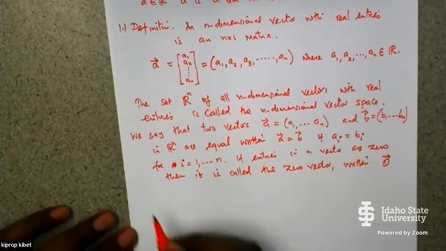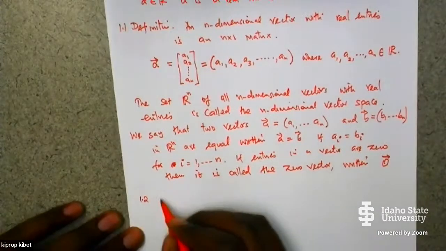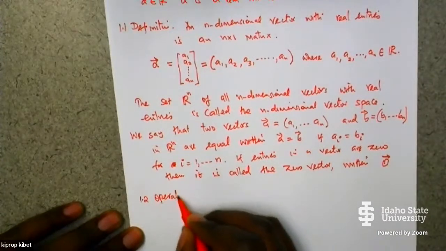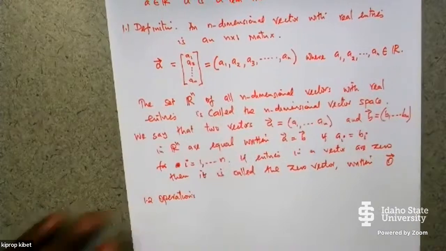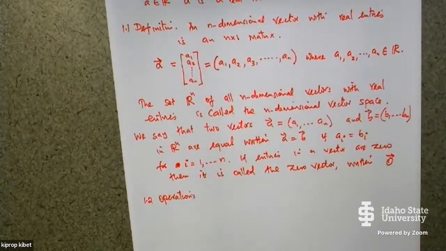Now, let's come to 1.2, the operations. How can we add, and how can we multiply the vectors?